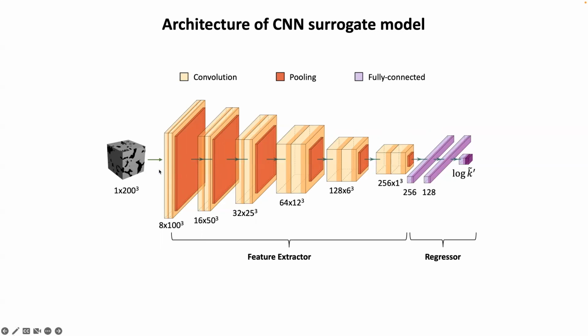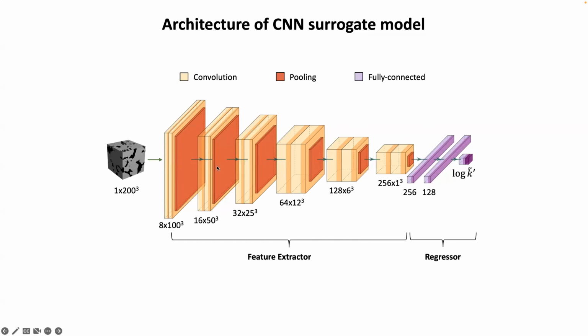As illustrated in this figure, the surrogate model is a 3D convolutional neural network, which is modified from the VGGNet. The network includes two components, a feature extractor and a regressor.